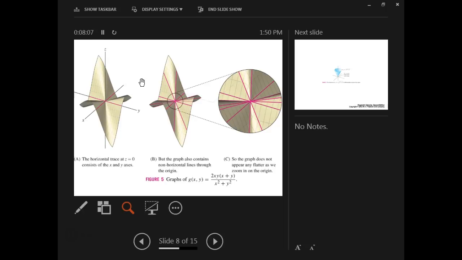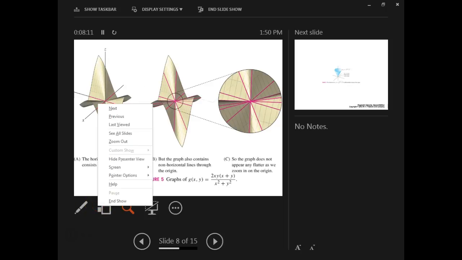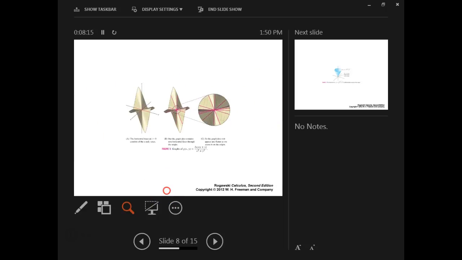Now, I can't write on this. Hopefully you've seen it well enough. I'm going to shrink it back down now. For some reason it wouldn't do it. G of x0 would be 0 over x squared, because everything goes.